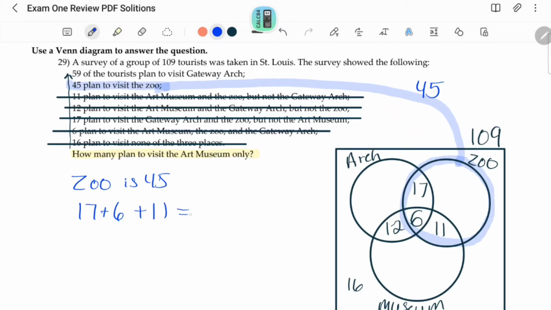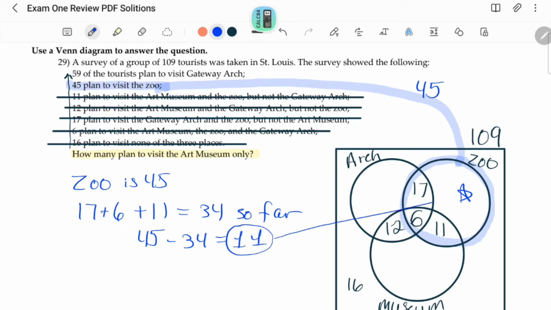And that's going to equal 34. To find out this piece right here with the blue star, we're going to subtract the 34 from the 45. So it's going to be 45 minus 34. And that equals 11. And this 11 right here will go into the Venn diagram right here.